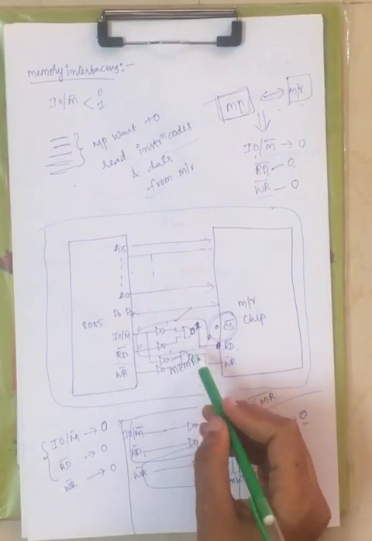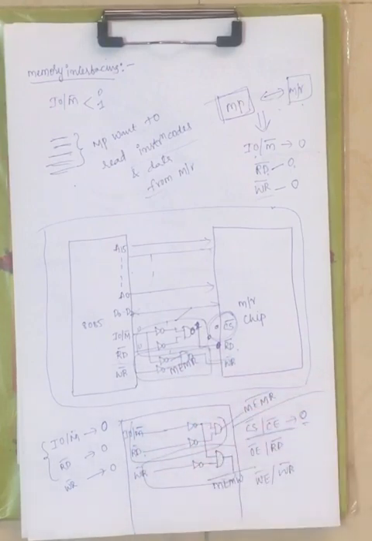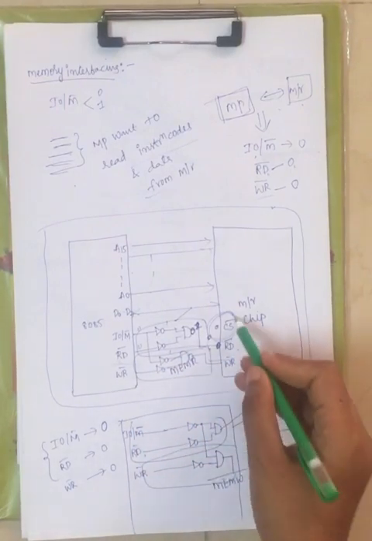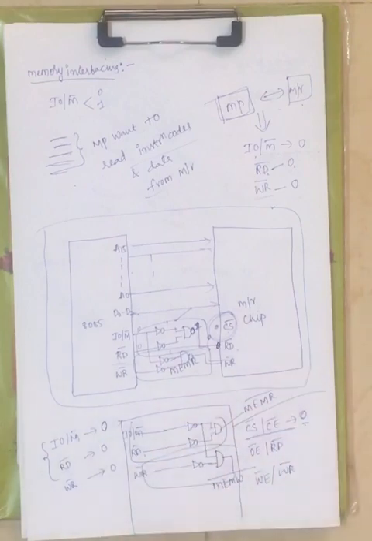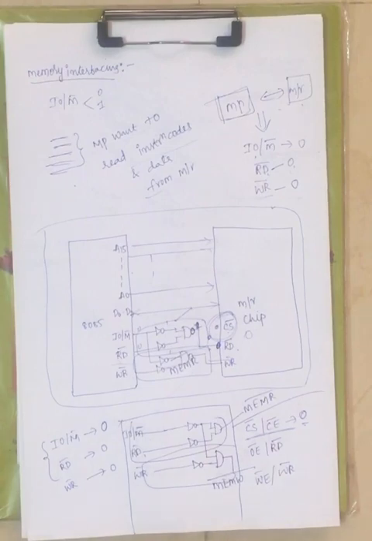When we require memory write operation, this circuit is connected to the write signal. CS bar is nothing but chip selection. When it is logic 0, this particular memory chip is ready for communication with the microprocessor. How to select the chip, we will see later. This is the basic introduction of memory interfacing.